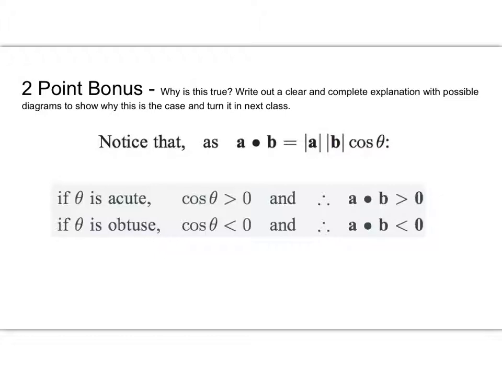If the cosine of theta is greater than 0, then your angle is acute. If the cosine of theta is less than 0, then your angle is obtuse. So if the dot product a dot b is greater than 0, then the angle is also acute, and if a dot b is less than 0, then your angle is obtuse. Explain to me clearly why that's true, and I'll give you 2 bonus points on one of the classroom quizzes.